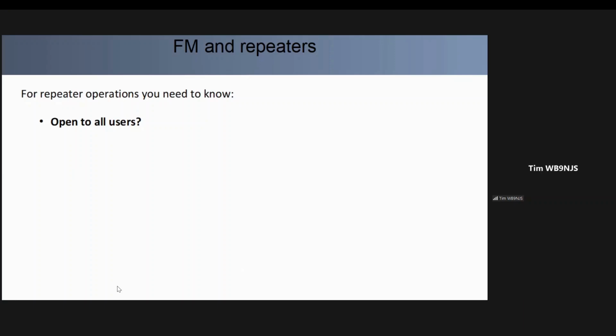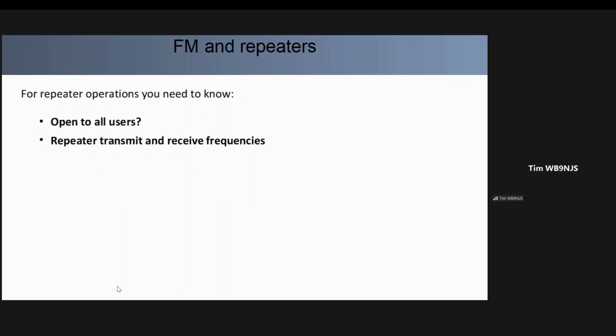But if somebody's supporting it, sometimes to defray the cost of operations, they might require you be a member or join some group to be able to use a repeater. Most are open to all users, but you need to know that. If they are open to all users, it's known as an open repeater.